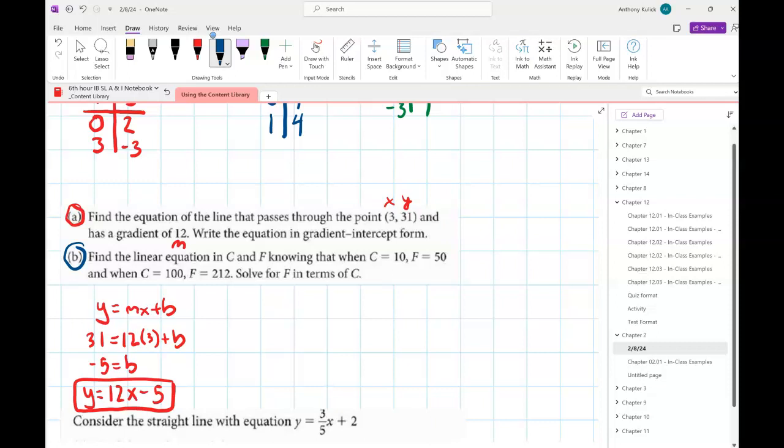which one is going to be which? X or Y, F and C, which one is which? Does it matter? It definitely does. If we're looking for F in terms of C, F should be my Y and C should be my X, right?